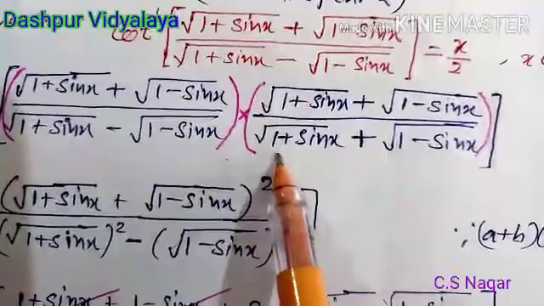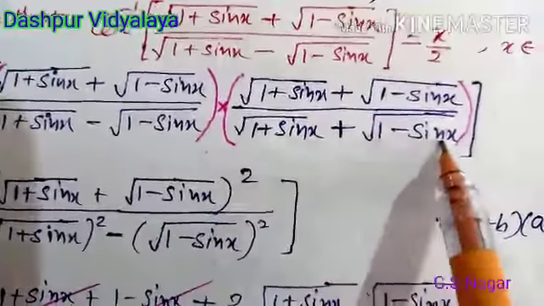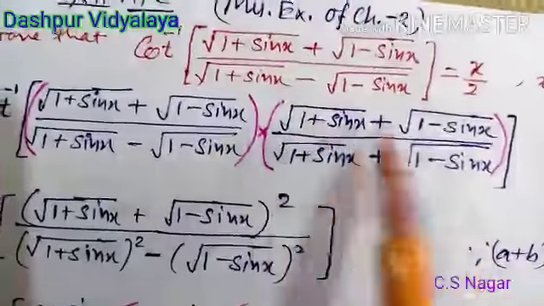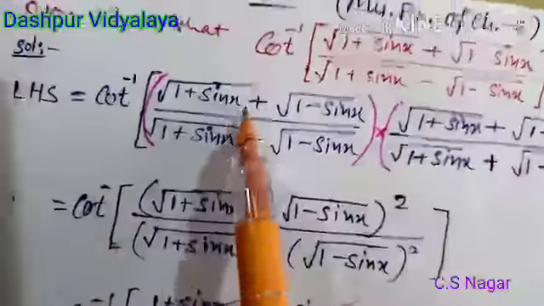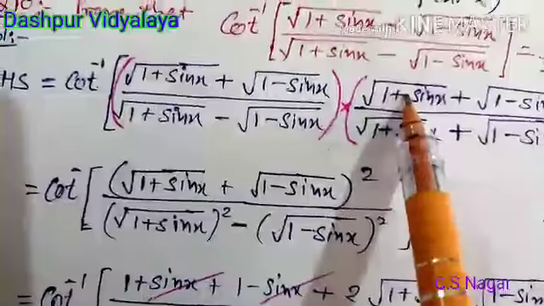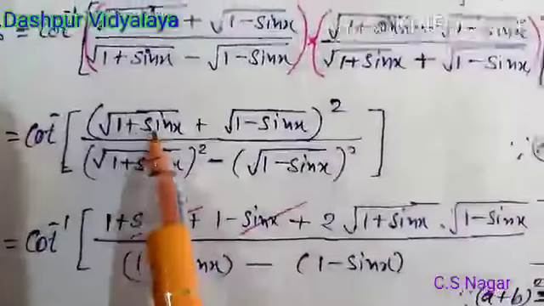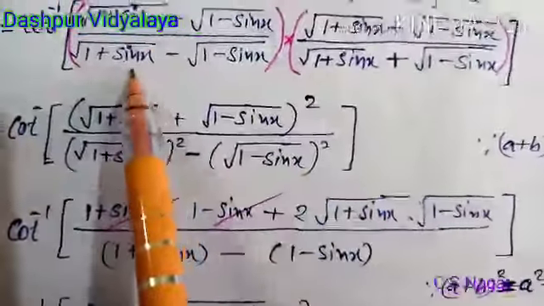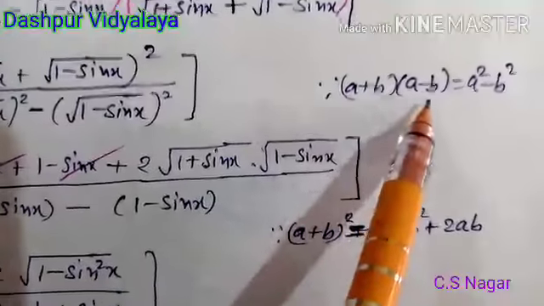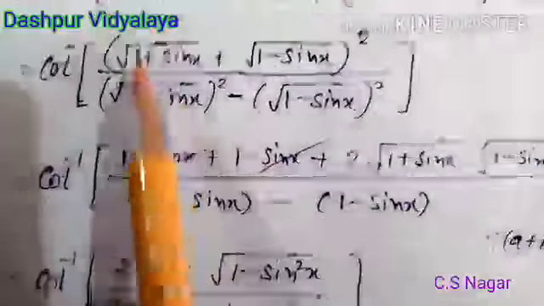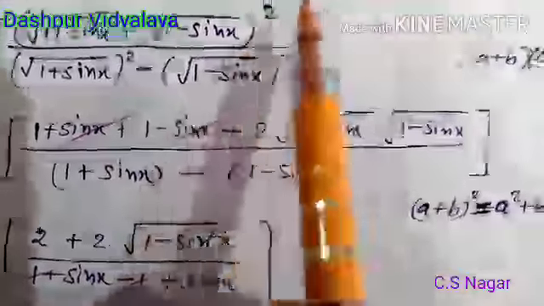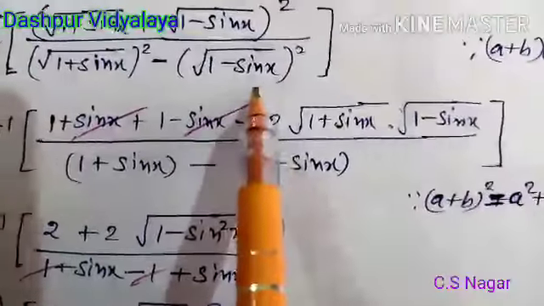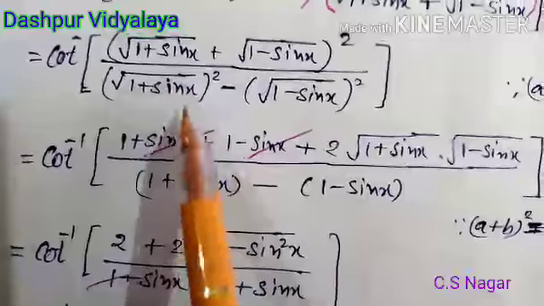So under root 1 plus sin x plus under root 1 minus sin x, and also multiply the numerator by this term. In the numerator, both terms will be the same, so it will be a plus b whole square, and in the denominator a plus b into a minus b, that is a square minus b square. A square means 1 plus sin x, under root 1 plus sin x whole square, minus b square, which means under root 1 minus sin x whole square. So their under roots cancel out.